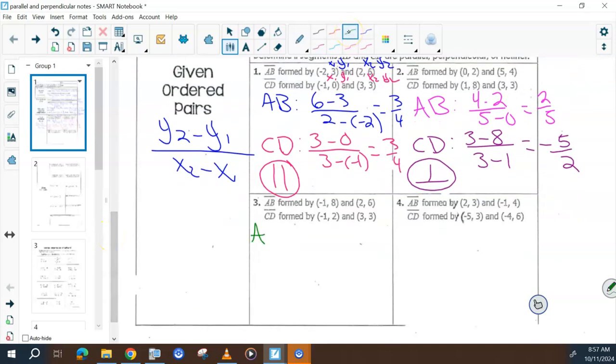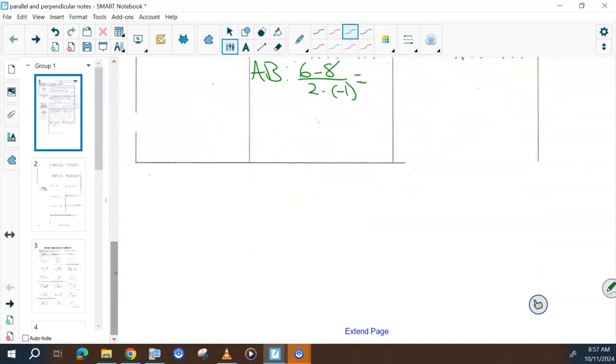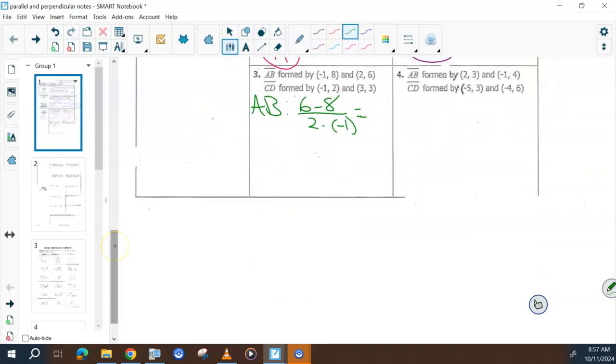So let's find the slope of AB once more. What is the slope of AB? -2/3.